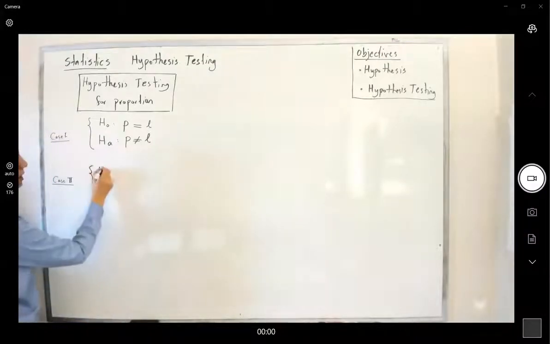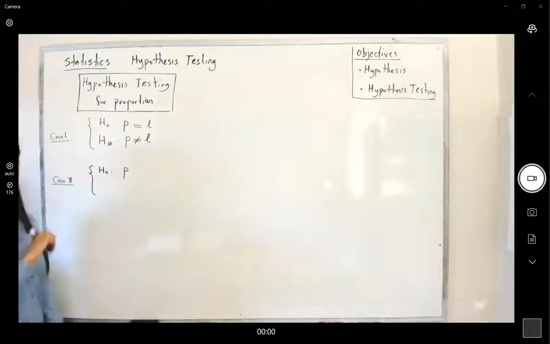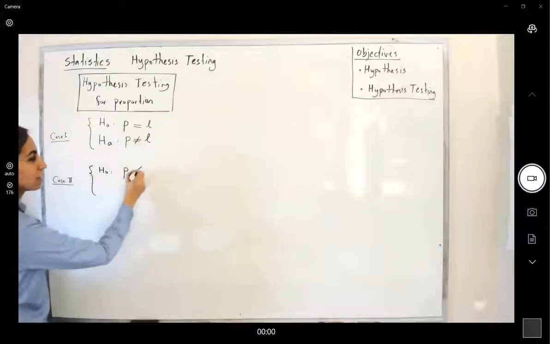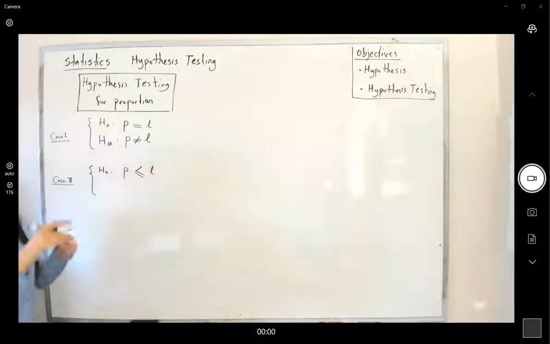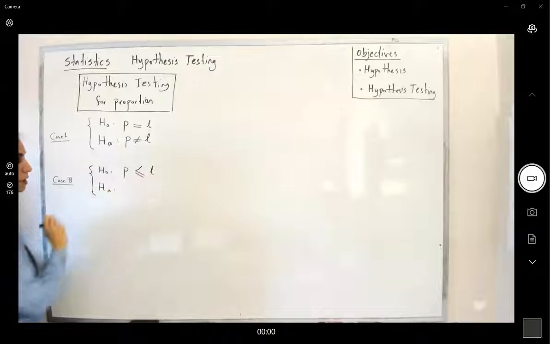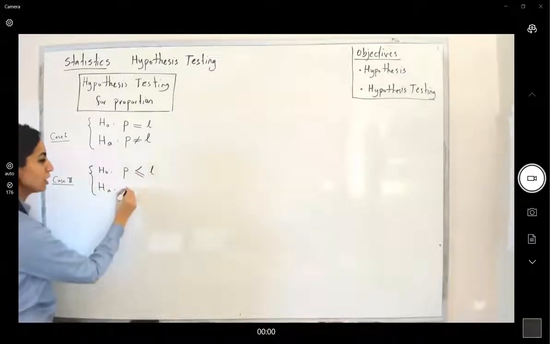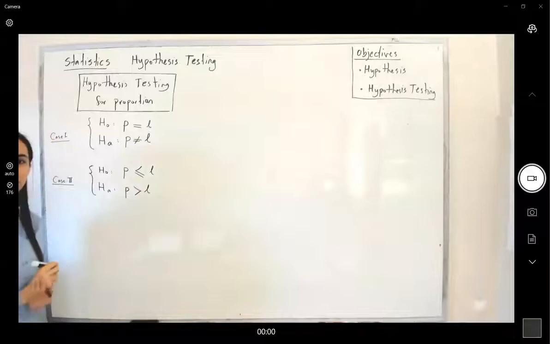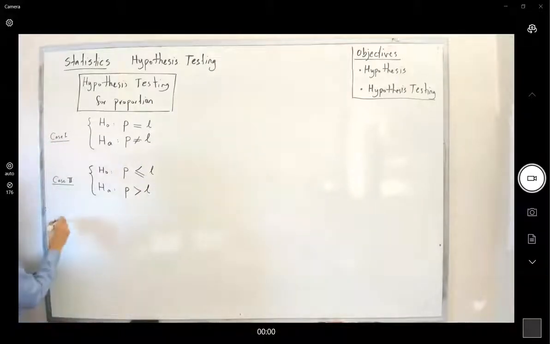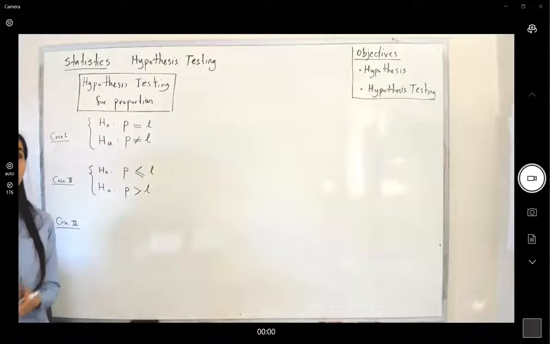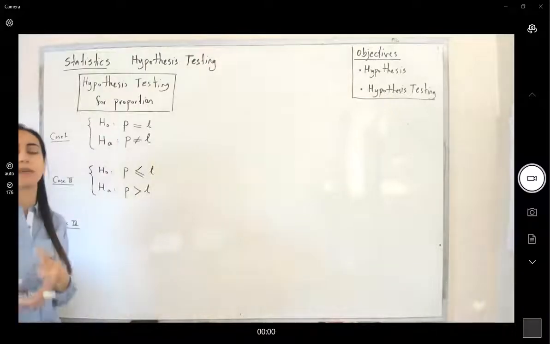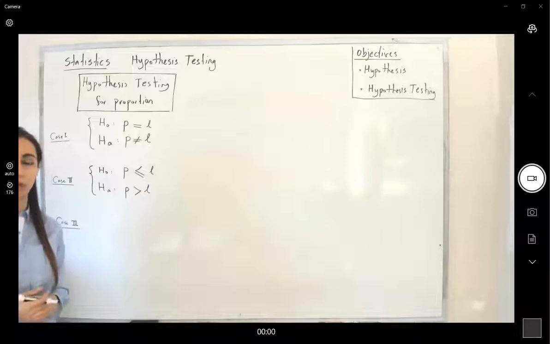The null hypothesis says the population proportion is less than or equal to L. Its complement, the alternative hypothesis, says the population proportion is greater than L. And the last case, case 3, when you read a question, you might have information about the null hypothesis by saying that greater than or equal to is mentioned in the question, or you see less than.